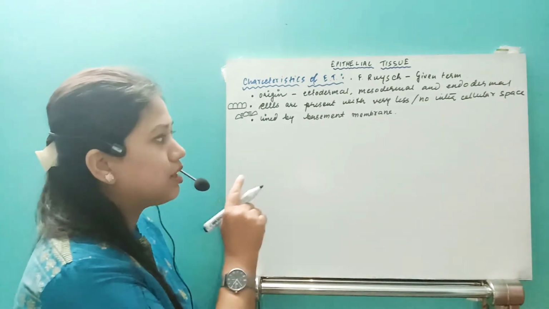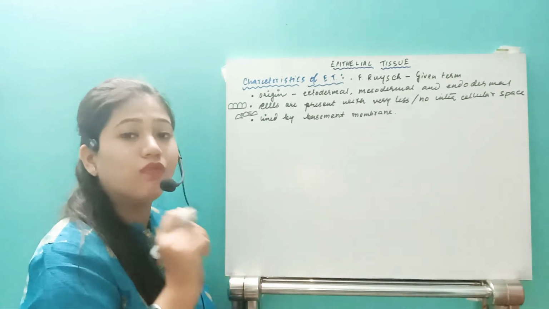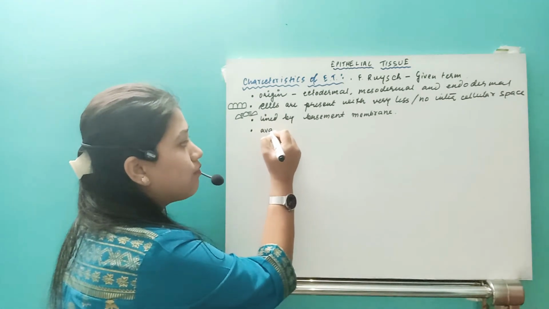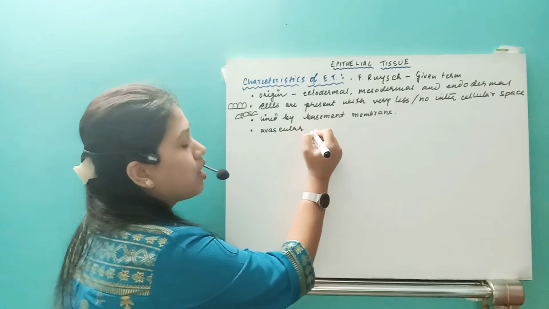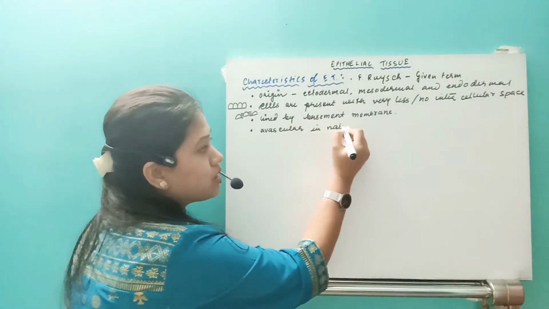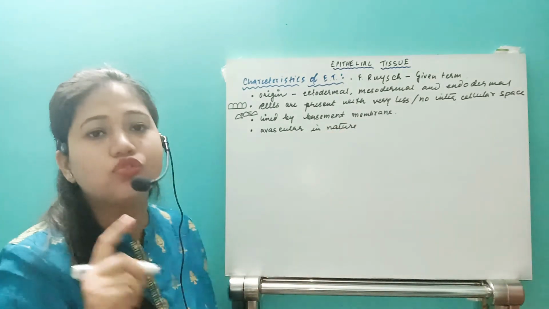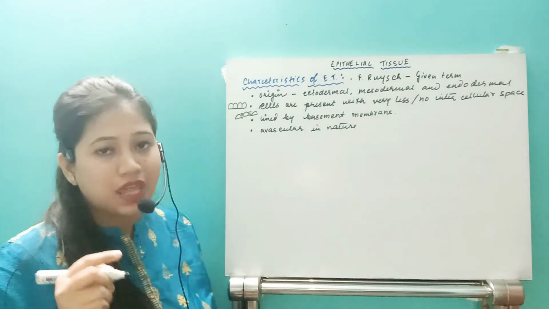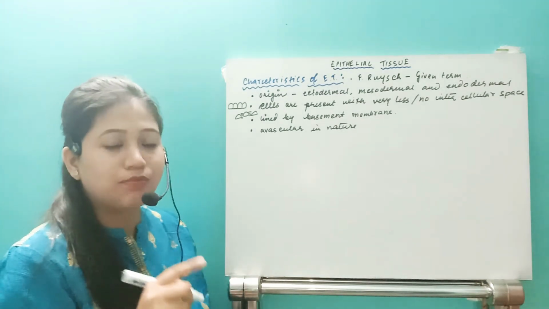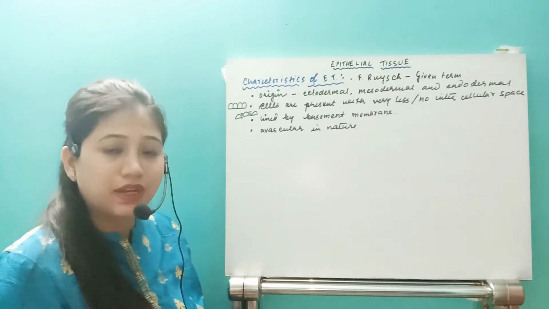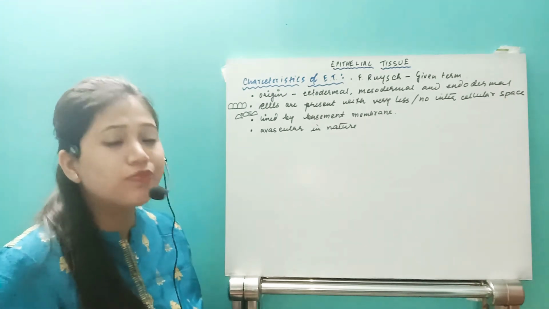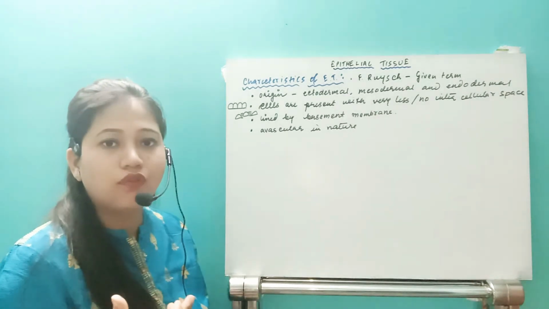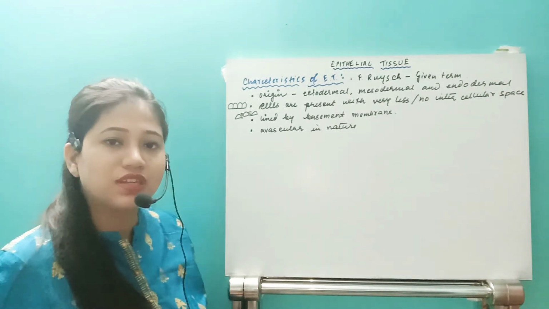So remember why the basement membrane is there: because epithelial tissues are avascular in nature. Avascular means this epithelial tissue does not allow any blood vessel to enter it. If blood vessels are not allowed to penetrate the epithelial tissue, the cells would not get the nutrients and the gases.